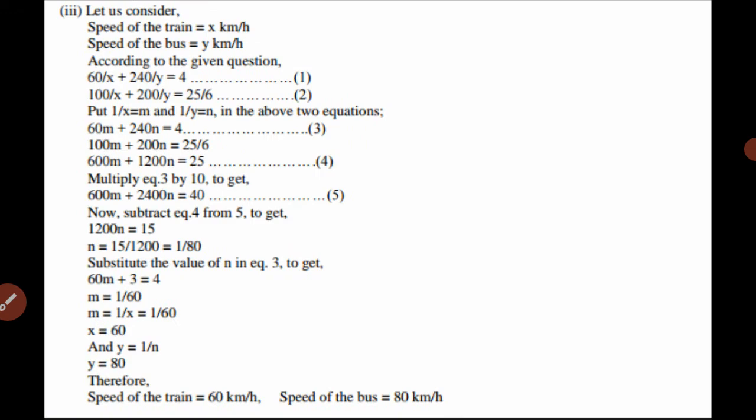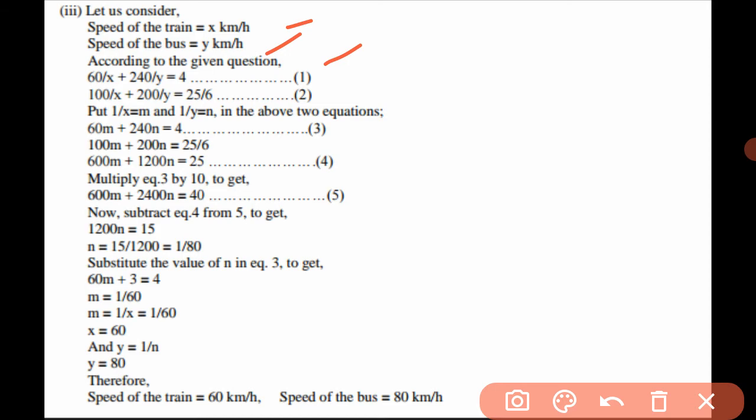So in this question, we can take the speed of the train as x km per hour and the speed of the bus as y km per hour. So according to the question, 60 upon x plus 240 upon y equals 4. This is the first equation, and 100 upon x plus 200 upon y equals 25 upon 6.